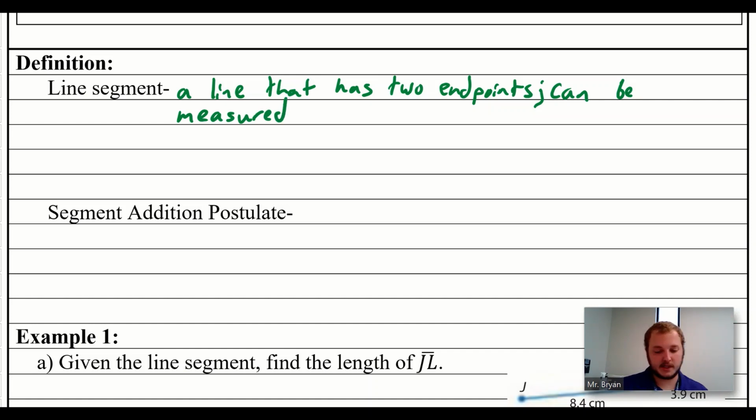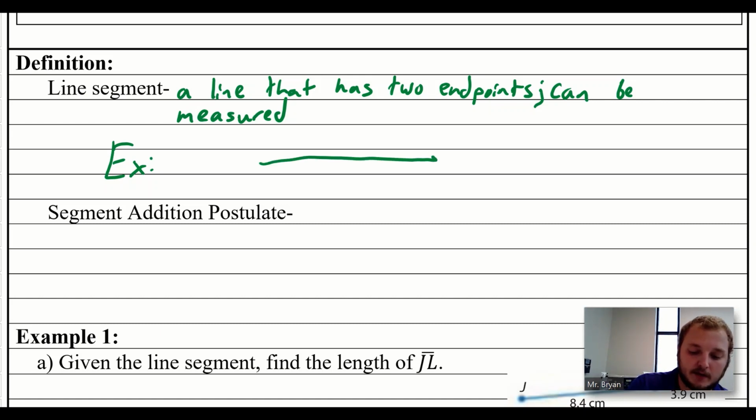For an example of what those will look like, and we'll see a lot of line segments as we go through geometry and talk about shapes and different things like that. If I just draw this line here that we talked about last week, and put 2 points on that line, we use capital letters for points, so A and B. The reason we call this a line segment is because it does not go infinitely in both directions.